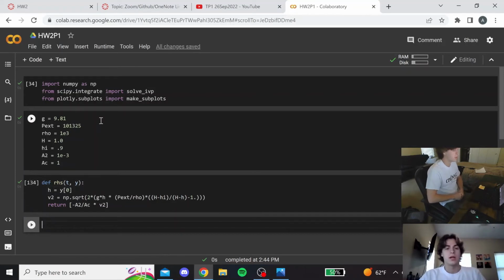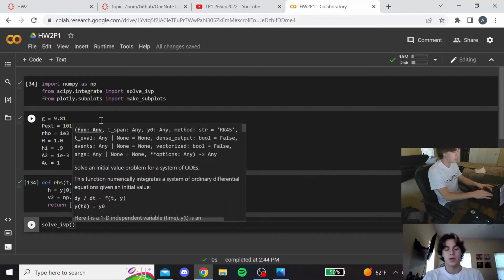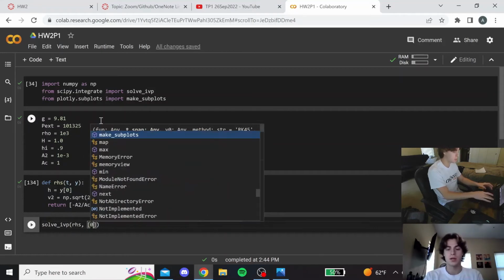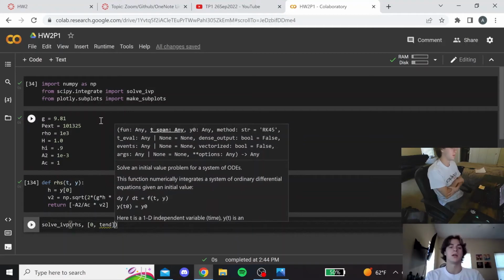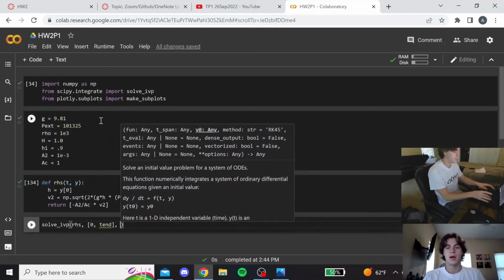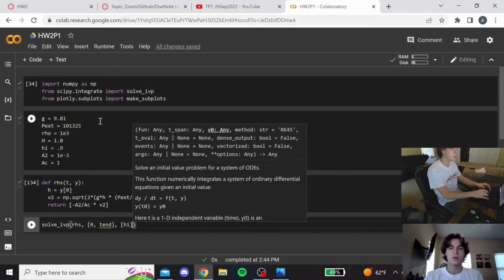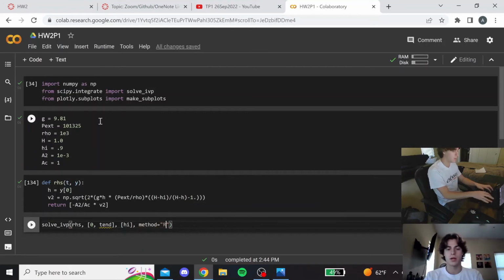We have our right-hand side, so now we can plug this into solve IVP. We have to pass the right-hand side to the function, and our t-span, which is going to be 0 to our end simulation time, and I'll define that in a second. We need to pass our initial value, which is the height, and supply the method, which is going to be Radau, because this is the method we most commonly use in class.